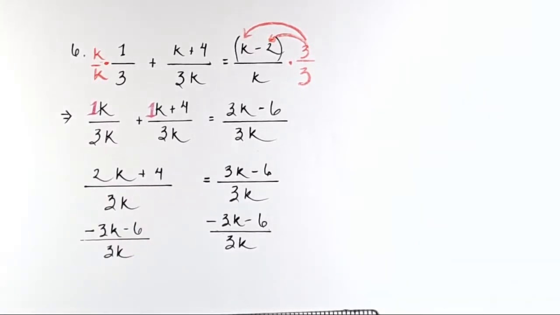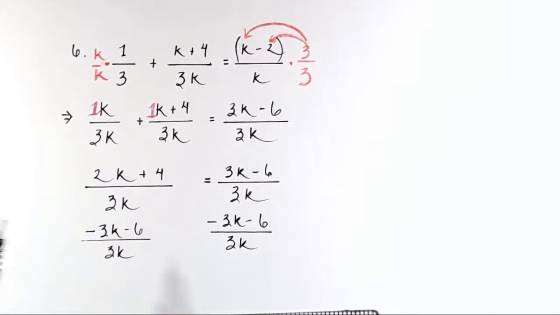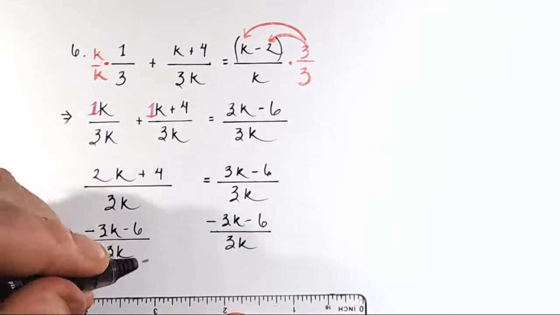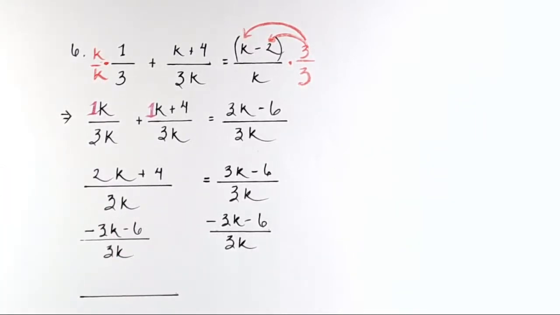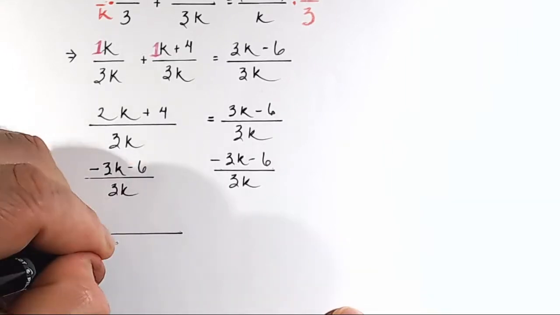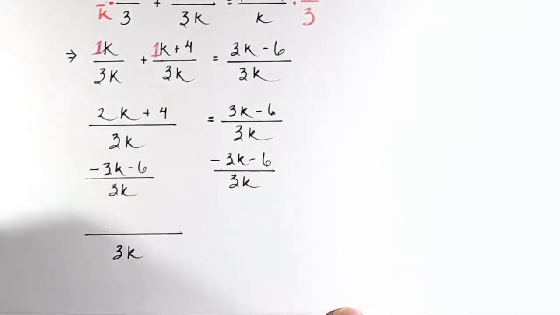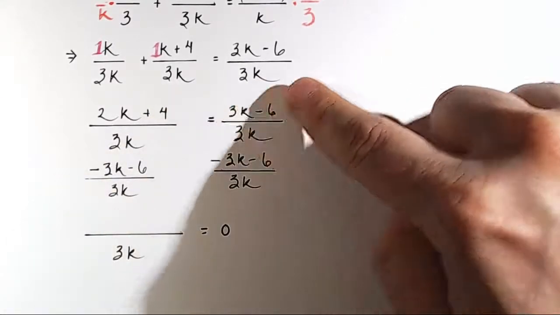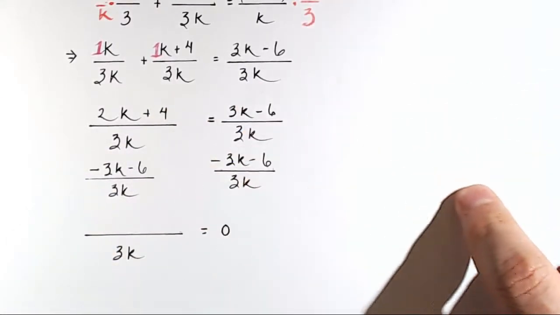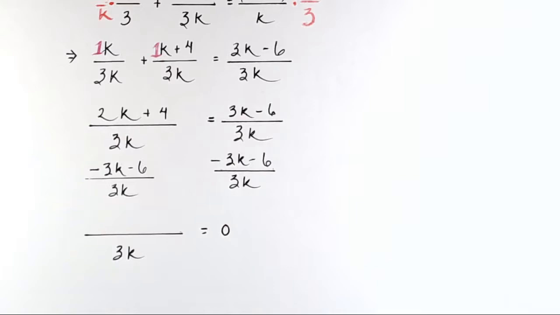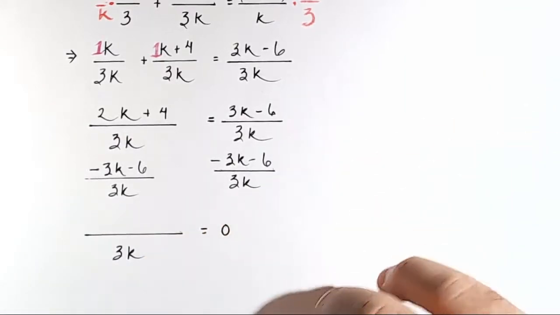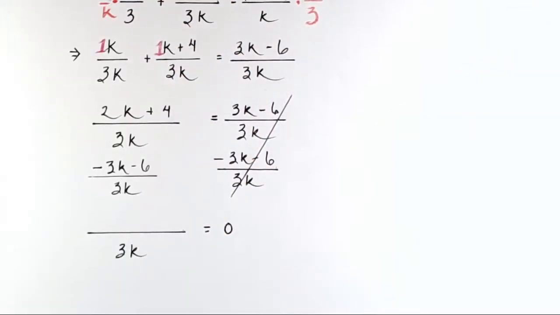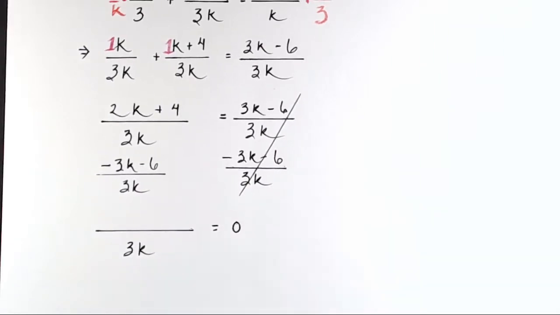So I'm going to have on the left side a fraction bar, and in the denominator, I'll have 3k. And it's all going to be set equal to 0, because (3k minus 6) over 3k minus (3k minus 6) over 3k is 0. So this whole left side goes away, and it's just 0.